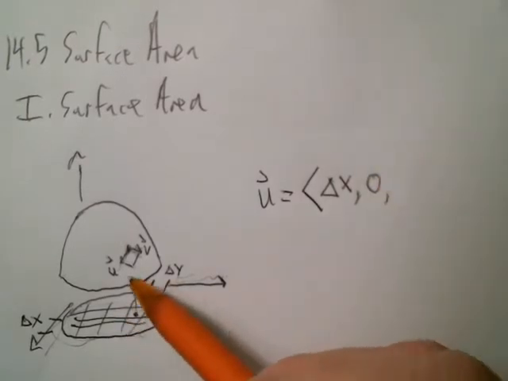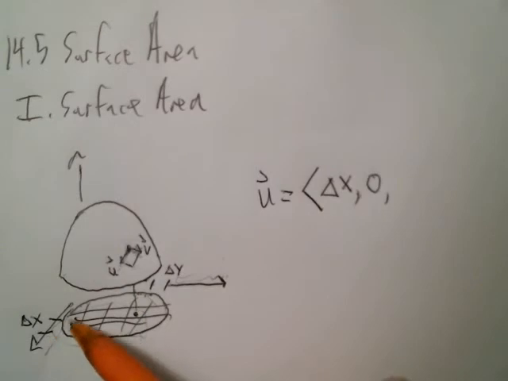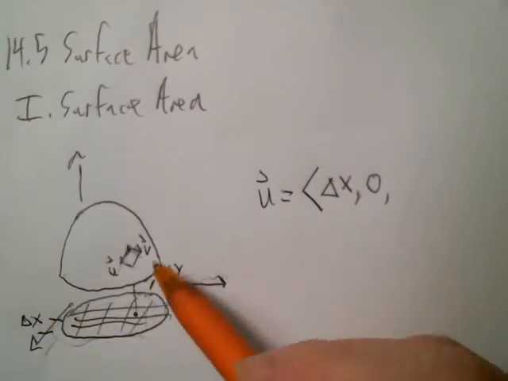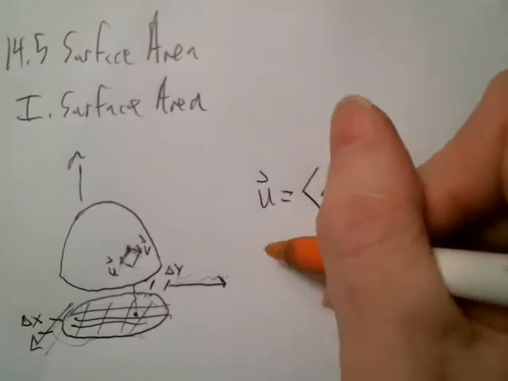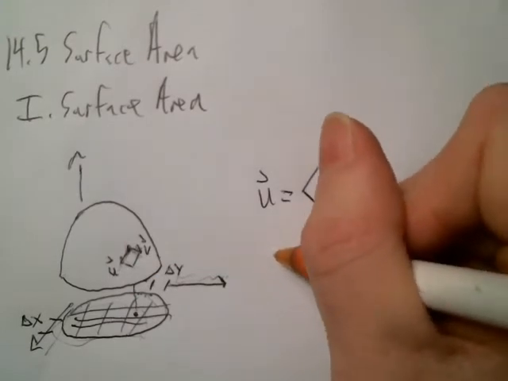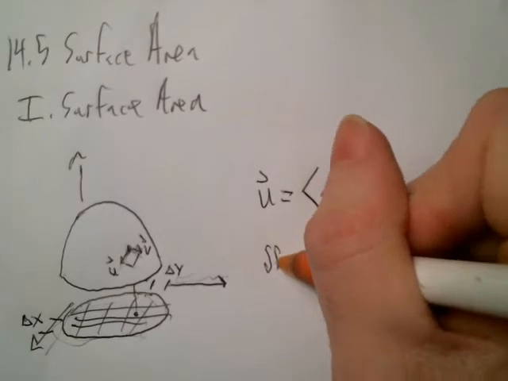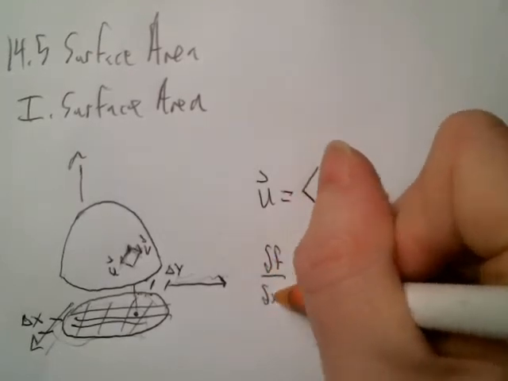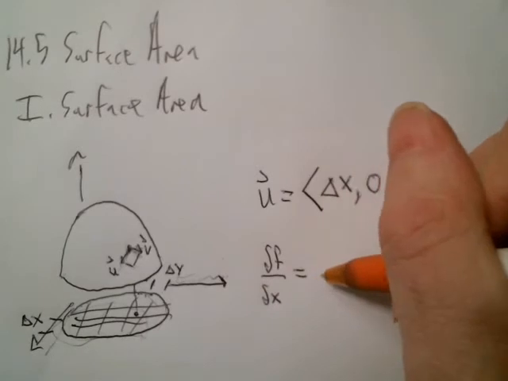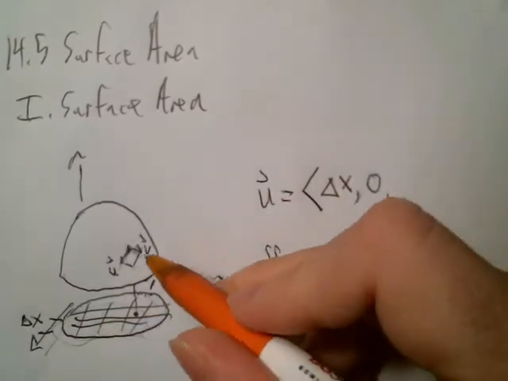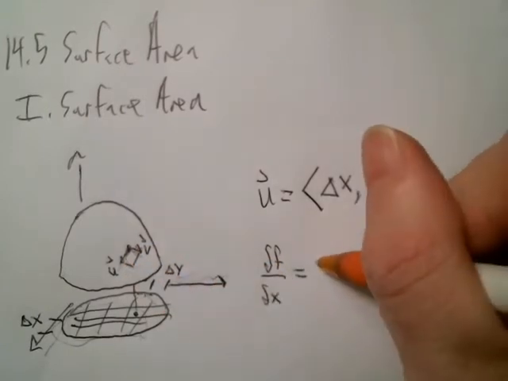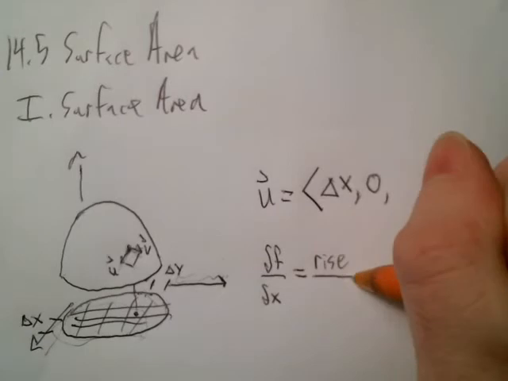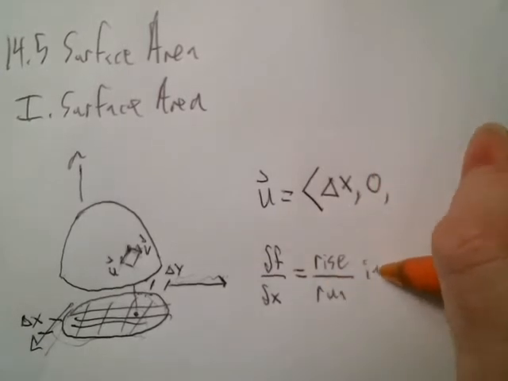And then there's going to be either a dip or a jump, right? With regards to this vector, slope. If you take the partial derivative of f with respect to x, that tells you a slope, a rise over run in the x direction. That will be the slope of this little vector that we're after.